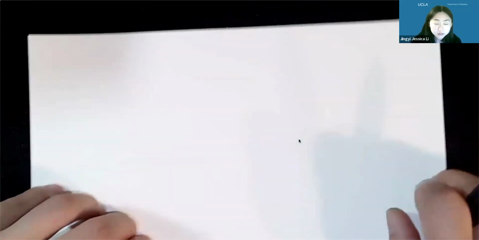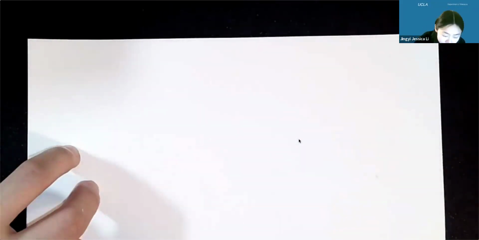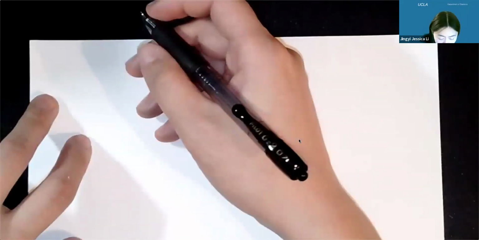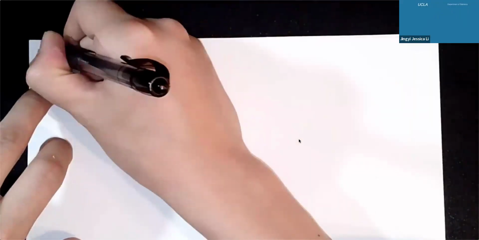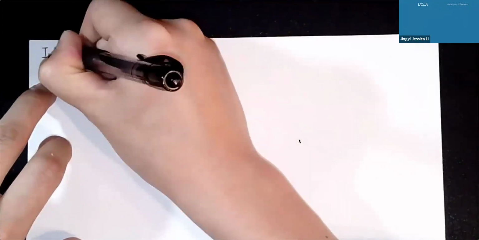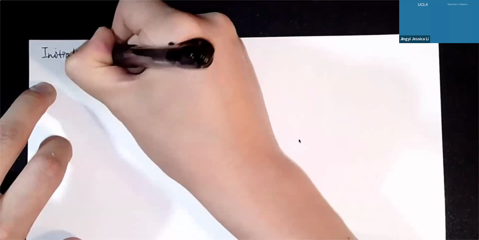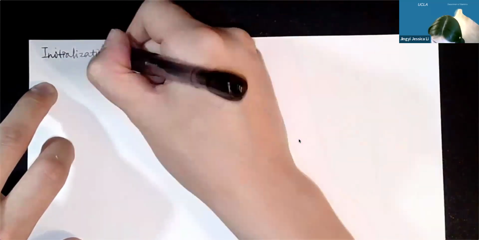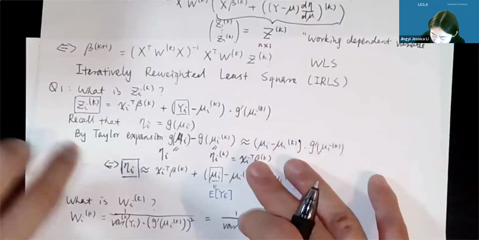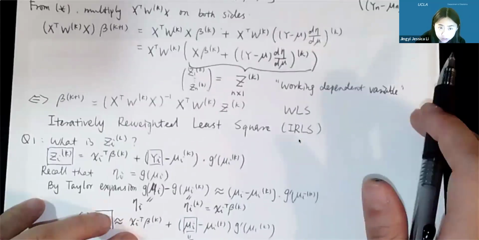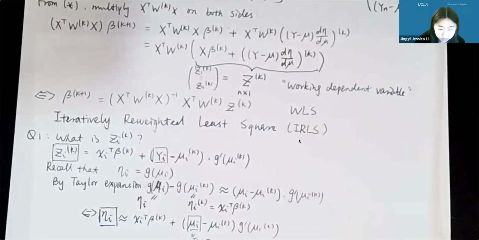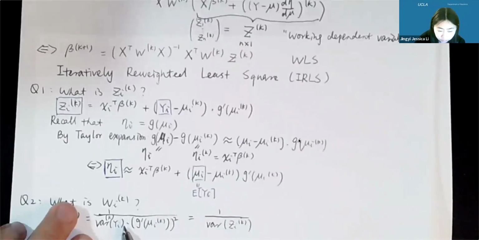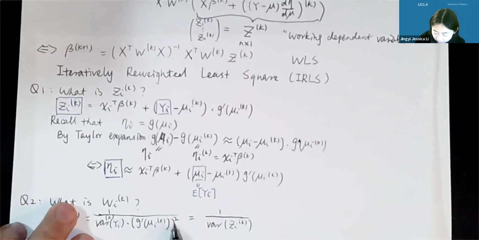So, the detailed iteration. First of all, we need to initialize, and we need to know the parameters we need. In each iteration, to calculate wk, we need the variance of yi and we need mu i.